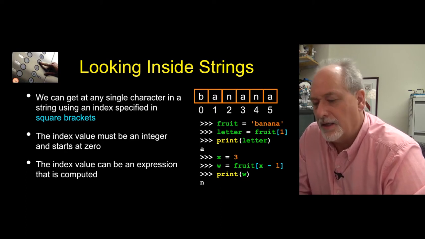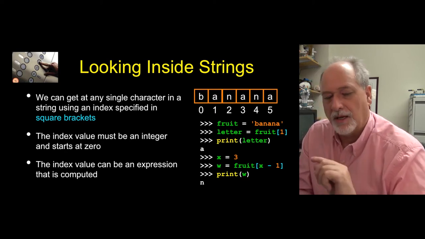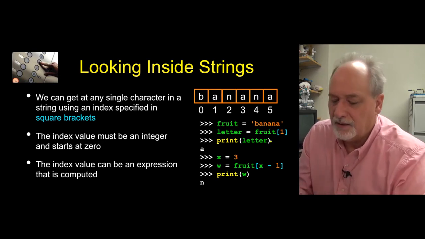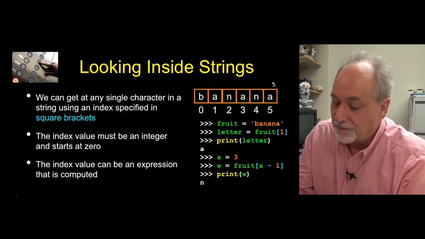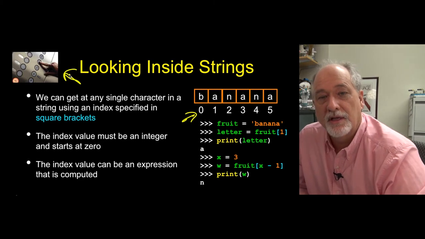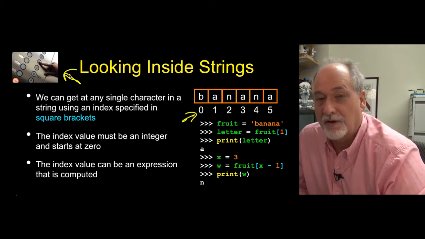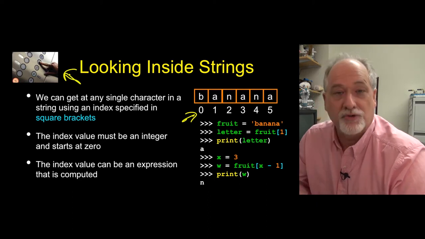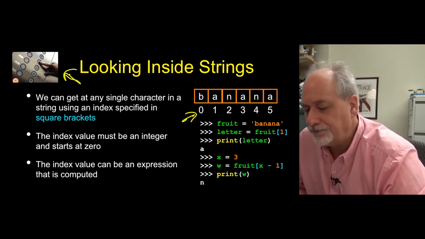Each character has a separate position and a separate index, and the positions start at 0. The best way I can explain how to remember this is the elevators, as we used in one of our examples a long time ago. Elevators in Europe start at 0, and so strings start at 0 as well.